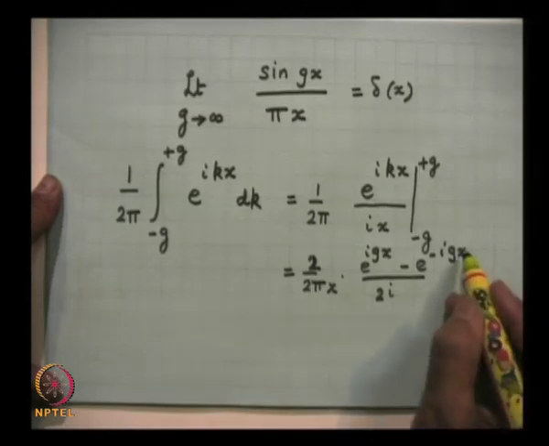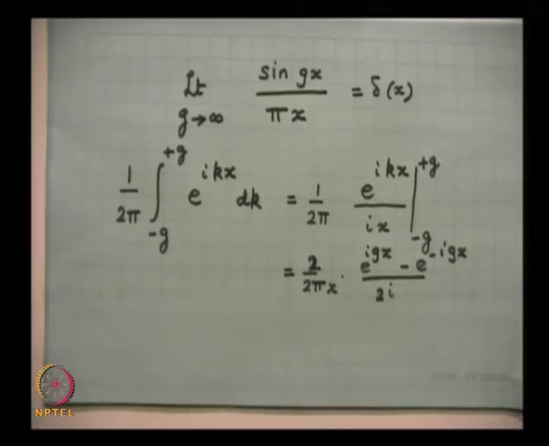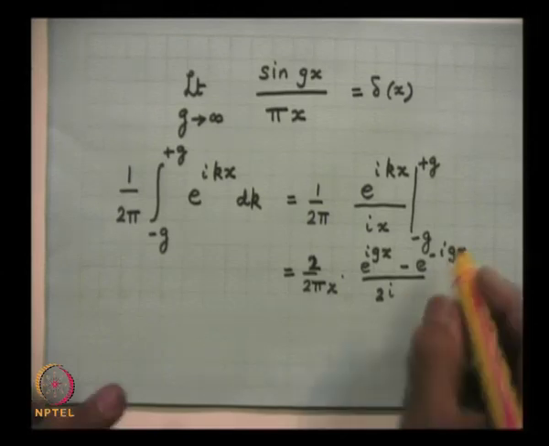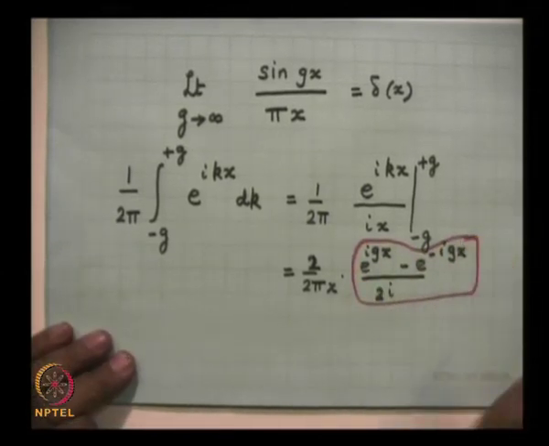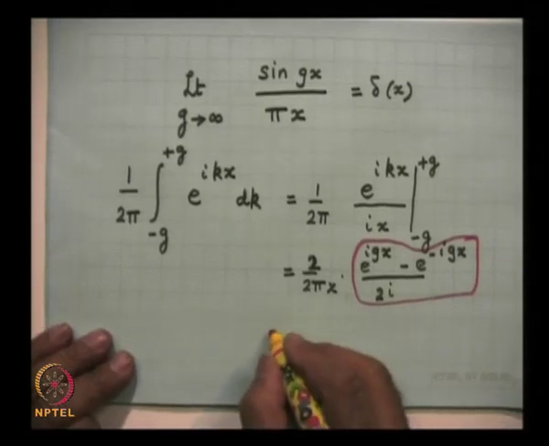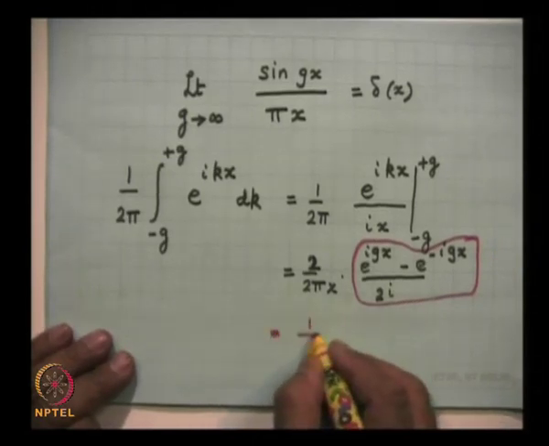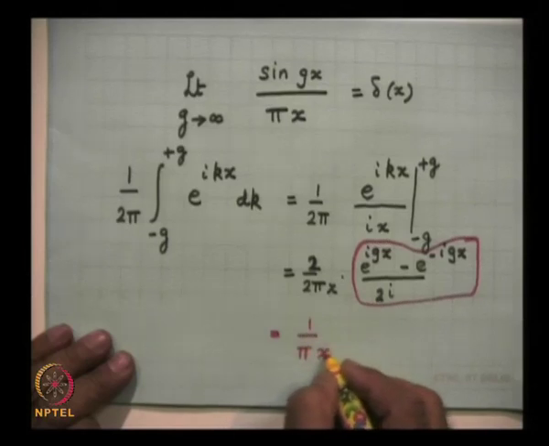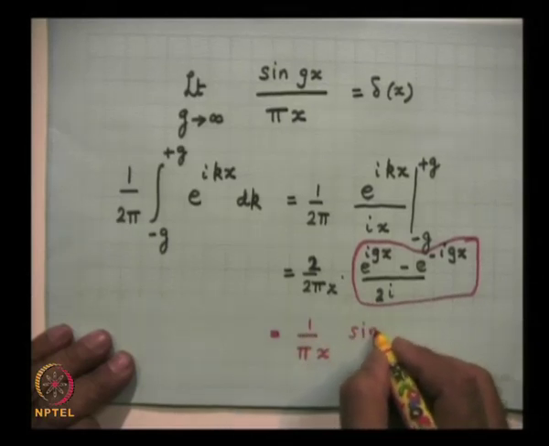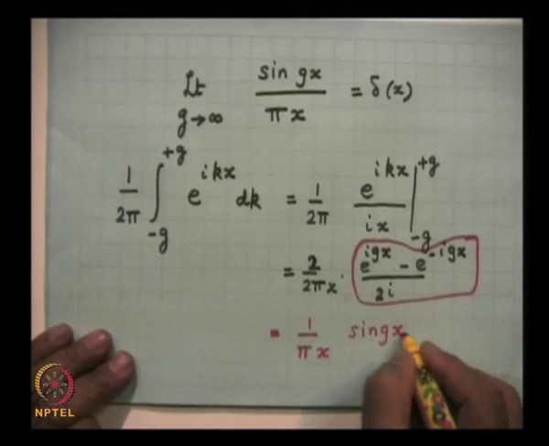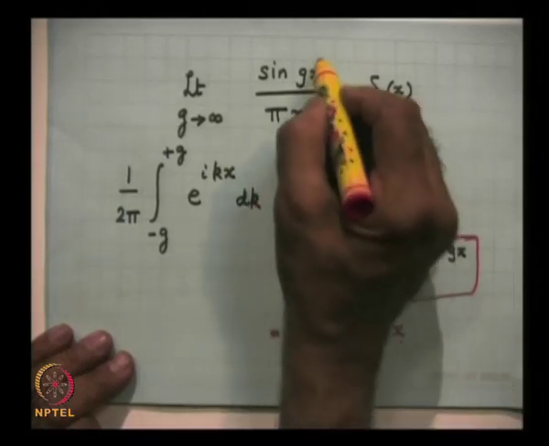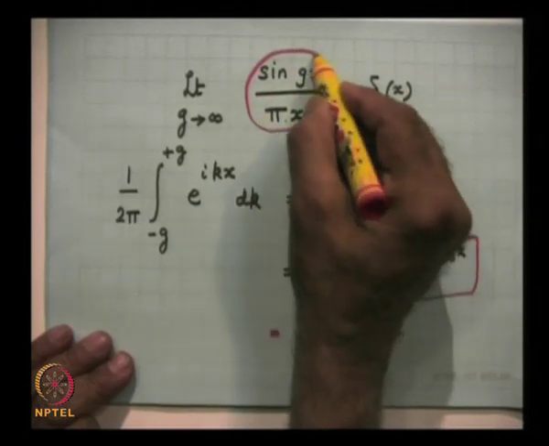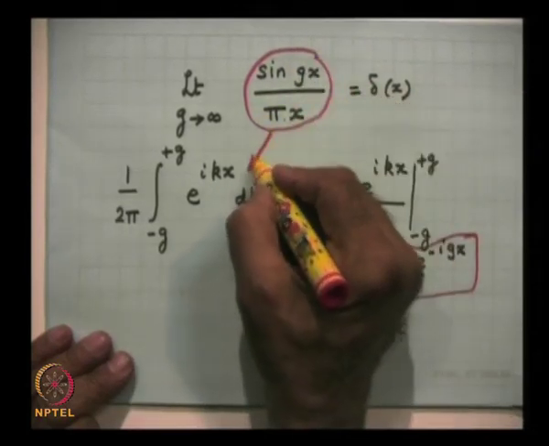So, this quantity, e to the power of i g x minus e to the power of minus i g x, is just sin gx, as you will appreciate. So, this becomes 1 over pi x sin gx. So, therefore, sin gx over pi x is just this integral.